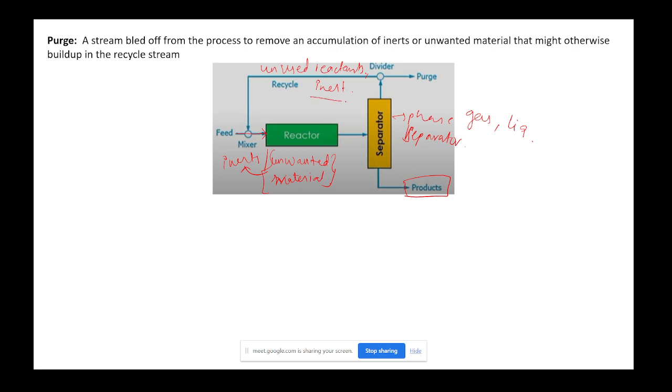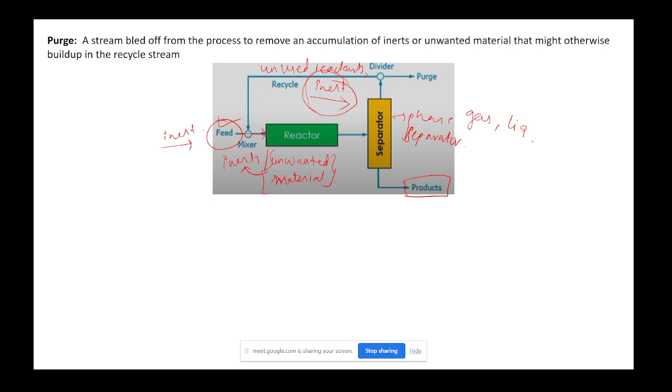So what will happen is, the feed stream will have a constant and uniform concentration of inert. There will always be some amount of inert coming in with the feed and always coming in with the recycle. So every time there will be a buildup of inert in the process, and this is actually not required.